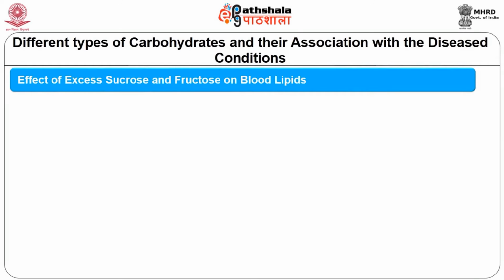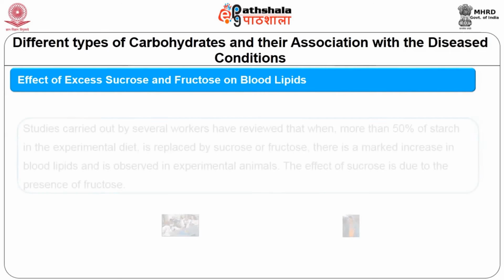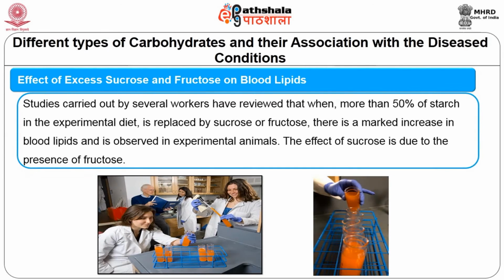Third one, effect of excess sucrose and fructose on blood lipids. Studies carried out by several workers have revealed that when more than 50% of starch in the experimental diet is replaced by sucrose or fructose, there is a marked increase in blood lipids, as observed in experimental animals.